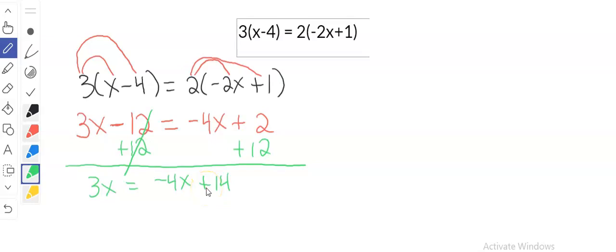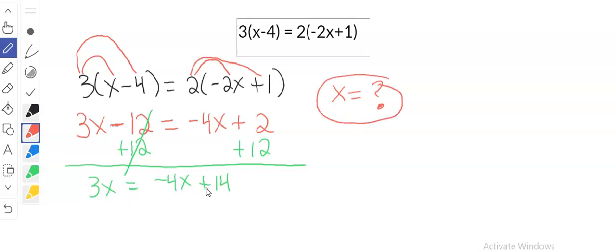But we're not done yet. We have another term that we need to combine as well. So this other term we have is negative 4x. So I like to put one term on one side, like the number, and another term, a number with a variable, like the 3x here, on another side. Because what we're looking for is what is x, right? What is x?